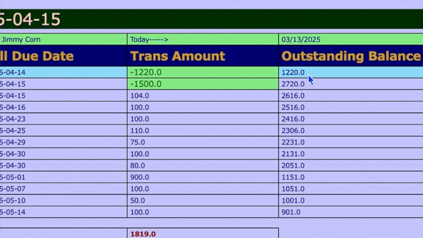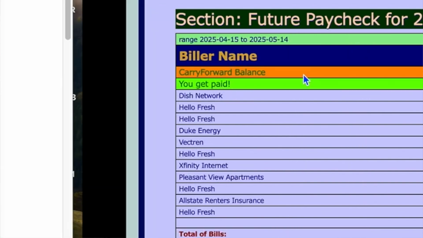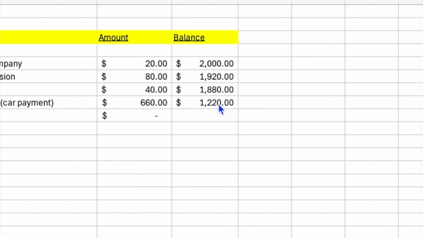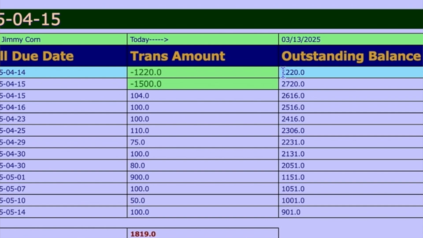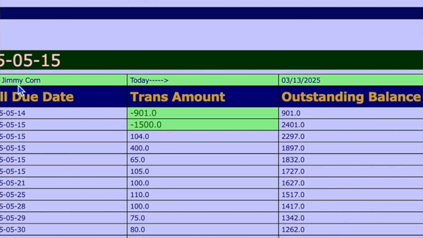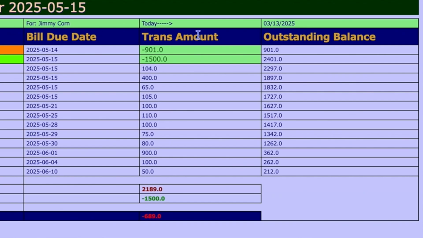Remember when we started, we said there was $1,220 left in this person's checkbook, from the checkbook register. Well, that's what we plugged in here as the starting number. And then after all these bills are paid for the month, they had $900 left. So when the May paycheck comes, they still have that $900.